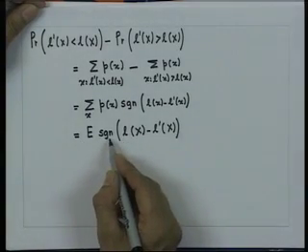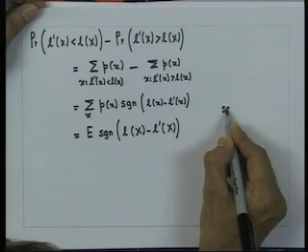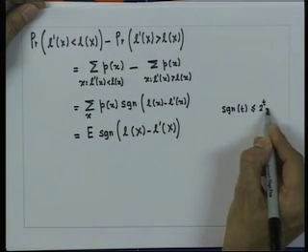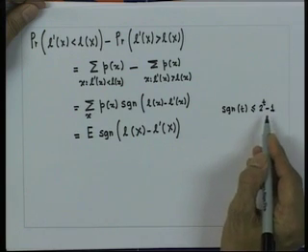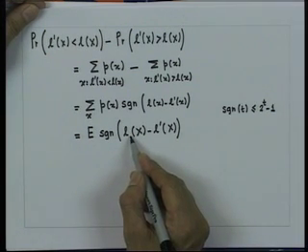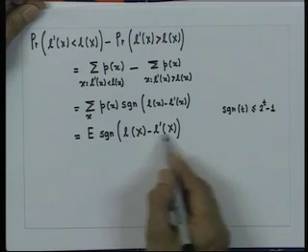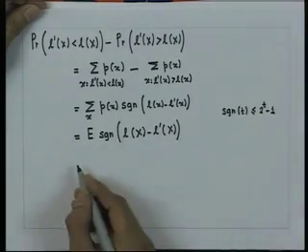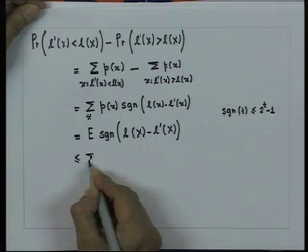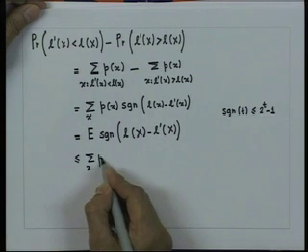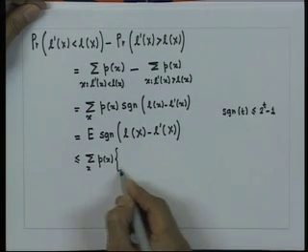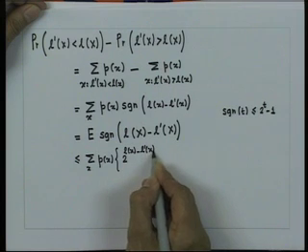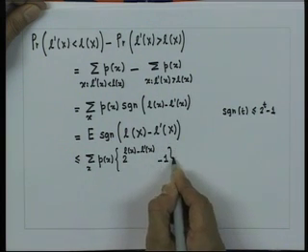Now, because we have seen that signum of t is always less than or equal to 2 raised to t minus 1 for t equal to 0, plus minus 1, plus minus 2, and since the difference between these two random variables is always an integer, we can use this relationship to write the summation over x of p(x) times 2 raised to L(x) minus L'(x) minus 1.